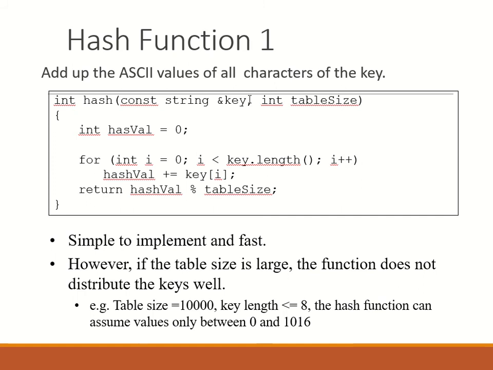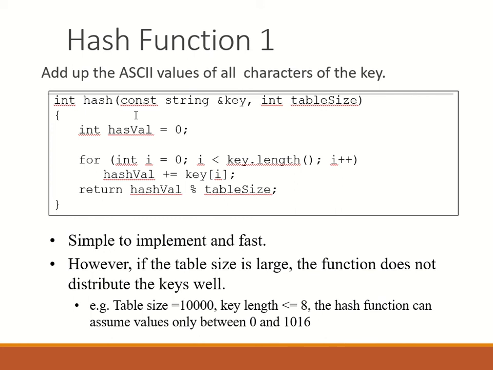Then you have the table size, and a hash value which is initially 0. Then you travel through the key. The key may have n characters, so you travel through all the characters, find out each ASCII value, add it to the hash value, then apply the modulus, and you get the desired index.